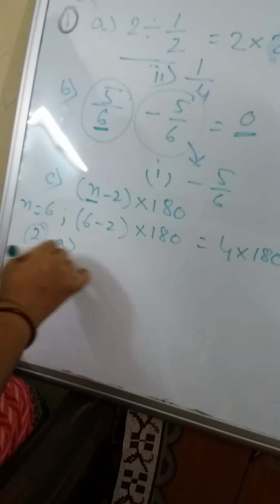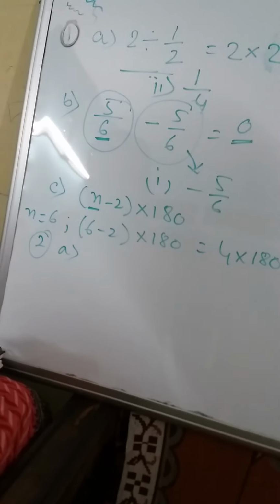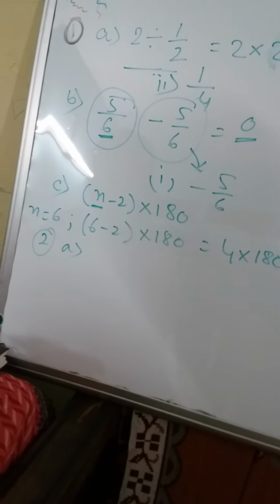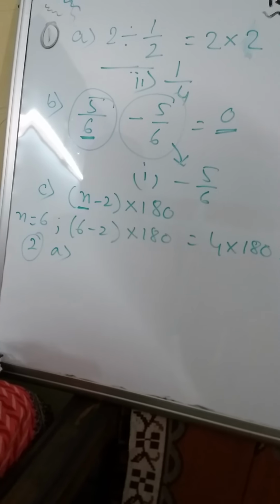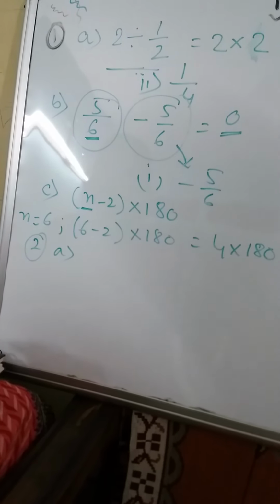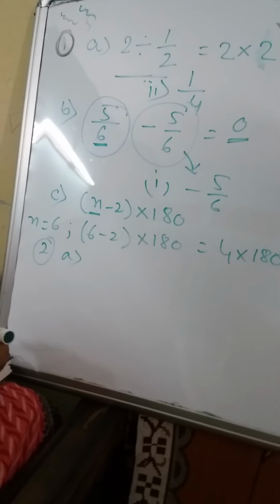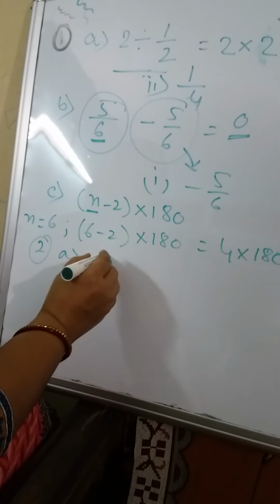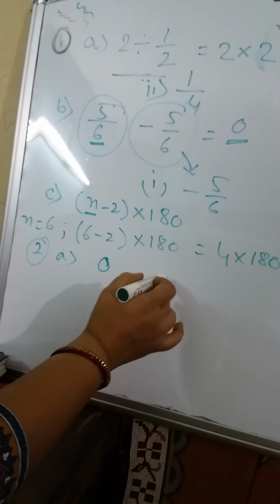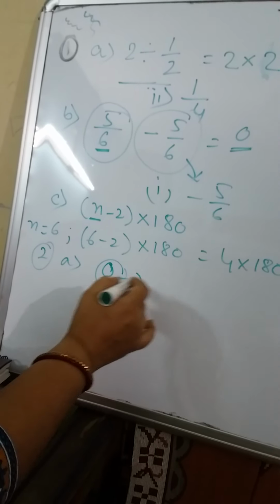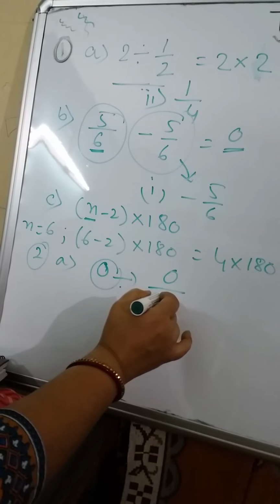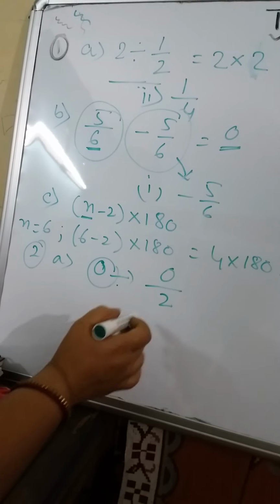Next is 2A, fill in the blanks. First is 2A, dash doesn't have any reciprocal. The number that doesn't have any reciprocal is 0. How can we express it? 0 by any number, say 2.